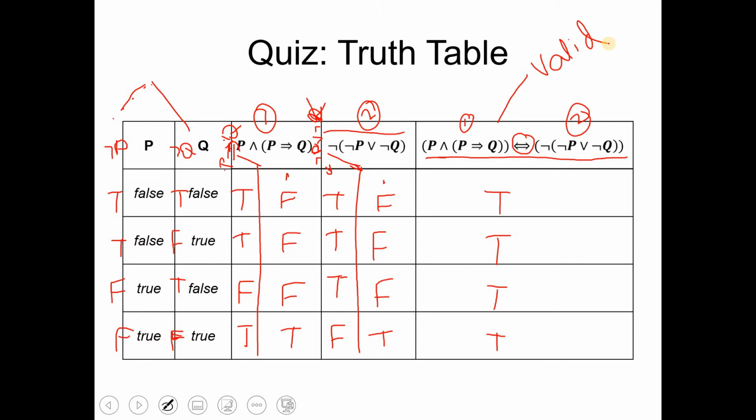If I ask about sentence number 2, is it valid? No, it is not valid, it is satisfiable. I told you most of the sentences are normally satisfiable. Clear? So this is your first solution. Make sure you did the same thing, or if you did it differently or wrong, make sure you understand it from here.